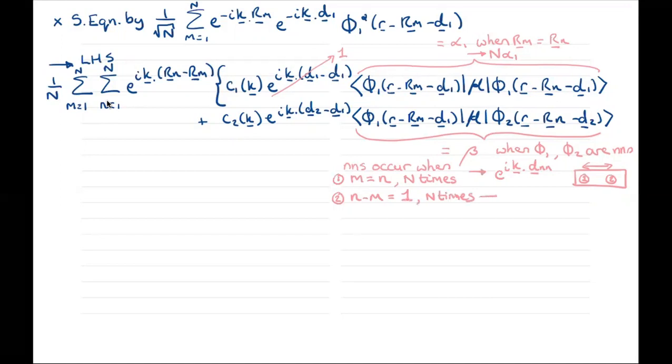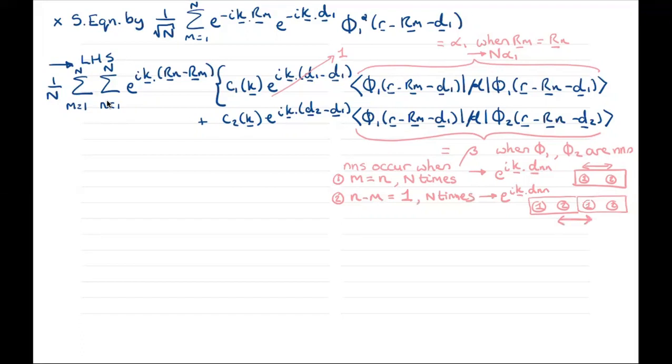And this gives us an e to the i k times the nearest neighbor distance, where we're now looking at this nearest neighbor distance here. So this is a little bit complicated to visualize geometrically, but you can convince yourself that this is correct.